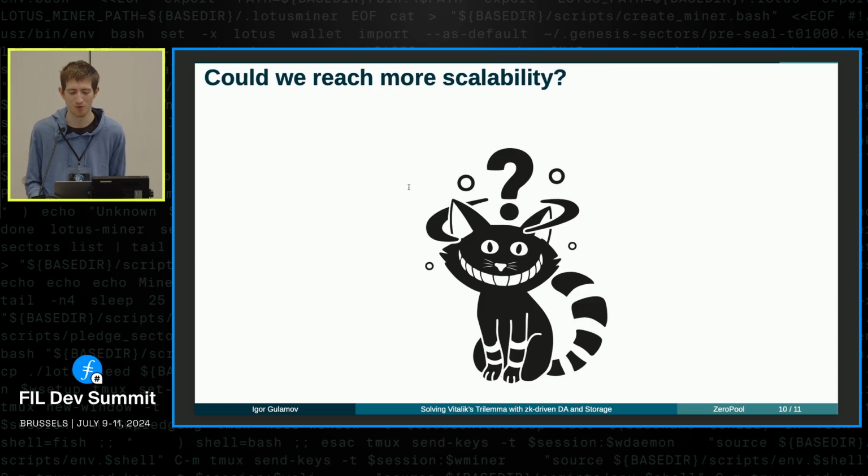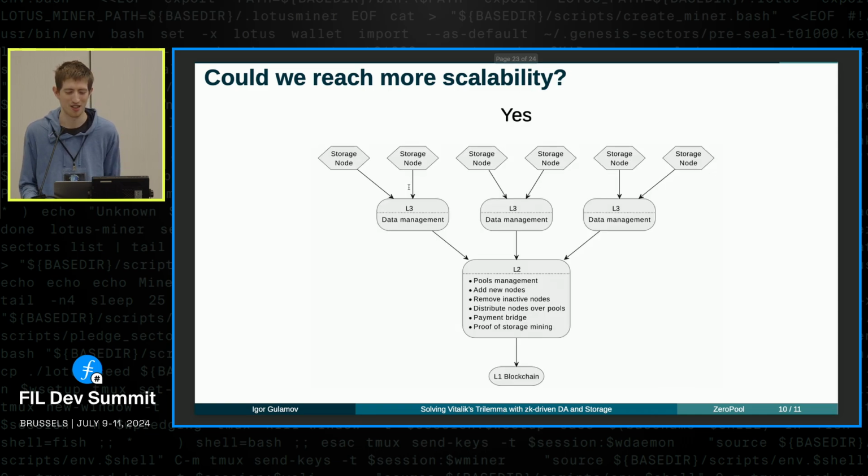So, question: could we reach more scalability? And the answer is yes. We can build a network of rollups. On the top layer, we can decide on the consensus layer which node belongs to which rollup, and in the third layer we have the same petabyte data rollups.